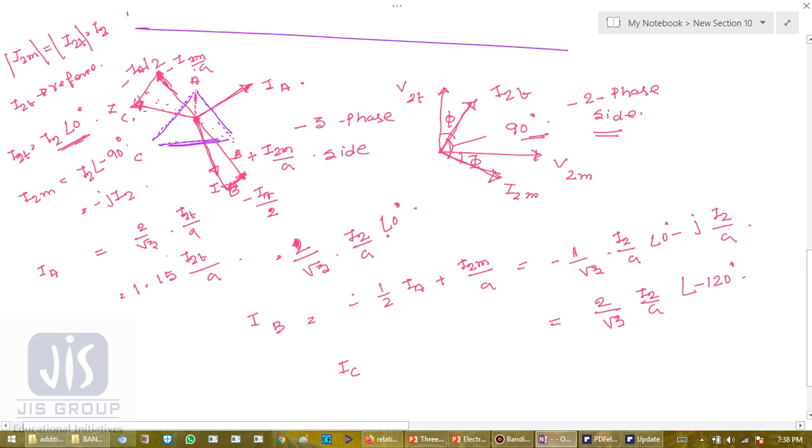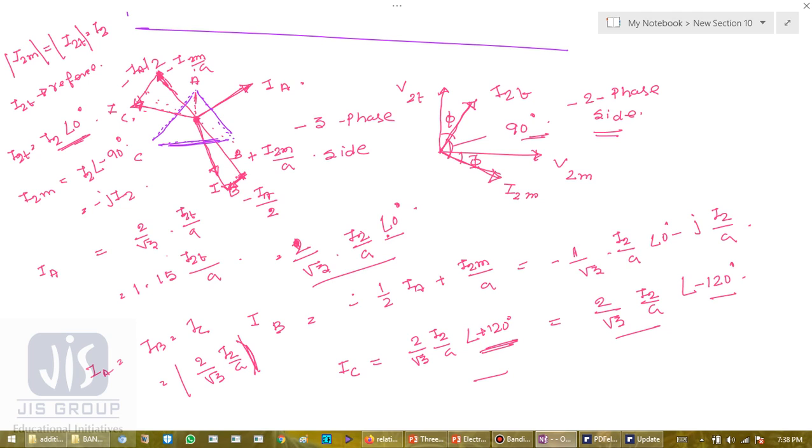Similarly, from equation number 7, we will get the value of IC equals to 2 by root 3 I2 by A angle plus 120 degree. So IA, IB and IC magnitude is the same. IA equals to IB equals to IC equals to 2 by root 3 I2 by A. And this is 0 degree, this is minus 120 degree, this is plus 120 degree, and this is the criterion of a balanced three-phase system.